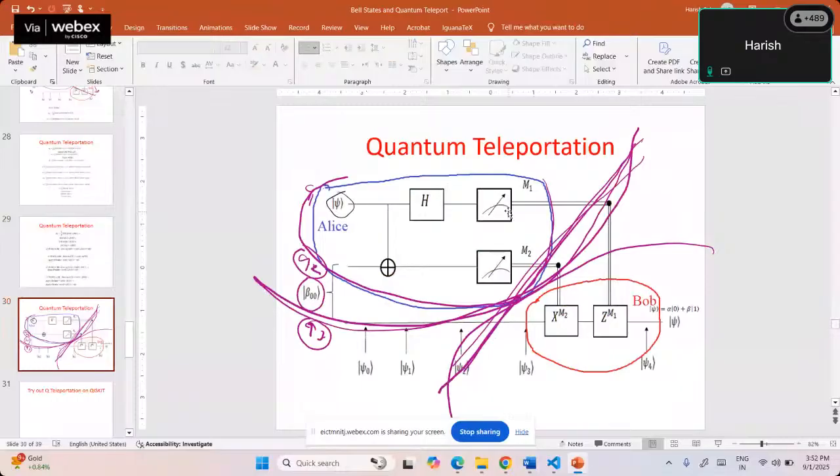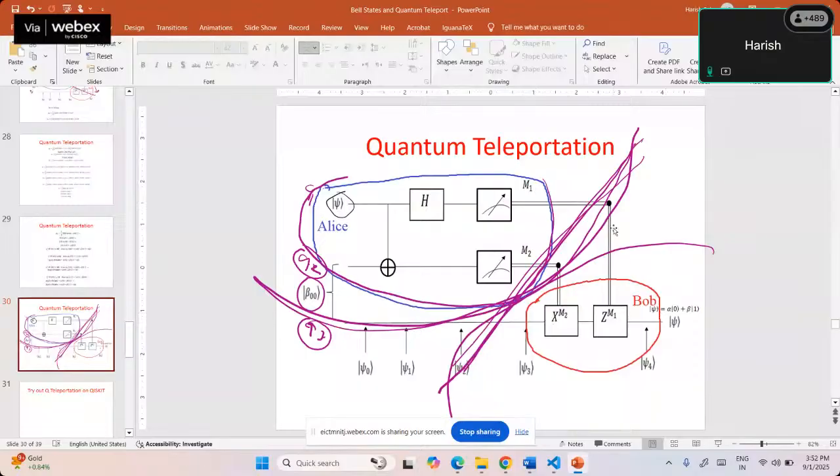Just the communication of M1 and M2, these are classical bits traveling on classical channels. So in between, M1 and M2 can be knowingly or unknowingly modified. If they are modified, then Bob will not get the exact psi state.